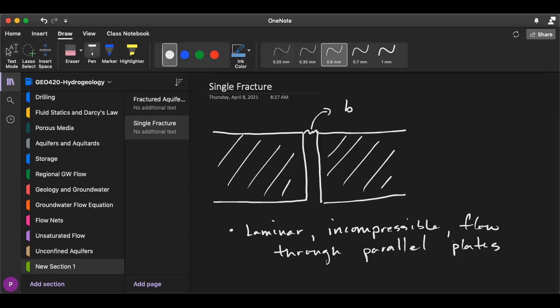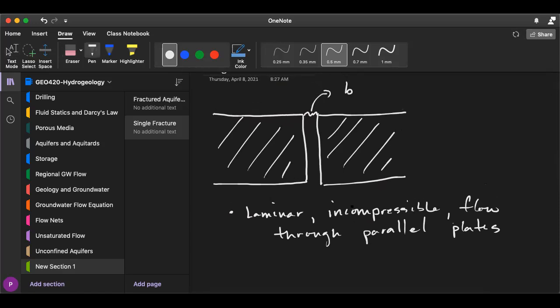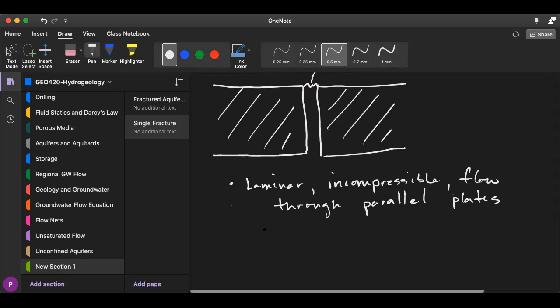There is a solution that gives us the discharge through these parallel plates.